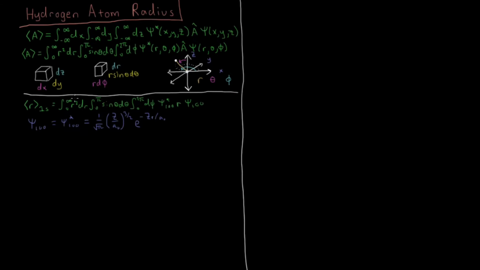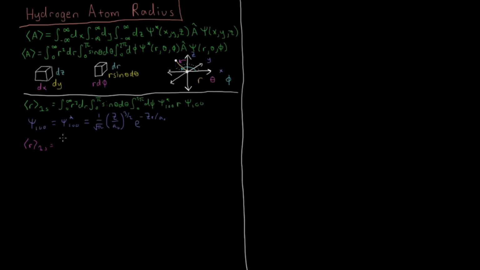And we notice in here that there's no dependence on theta or phi for this 1s orbital. There would be theta or phi dependence if we went to a p or a d orbital, but for s orbitals they are spherically symmetric, so there's no angular dependence. So we can say that our 1s expectation value, well, we're going to square this, so some things we can already start pulling out.